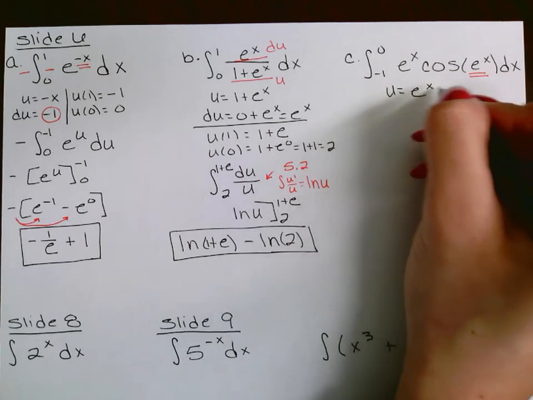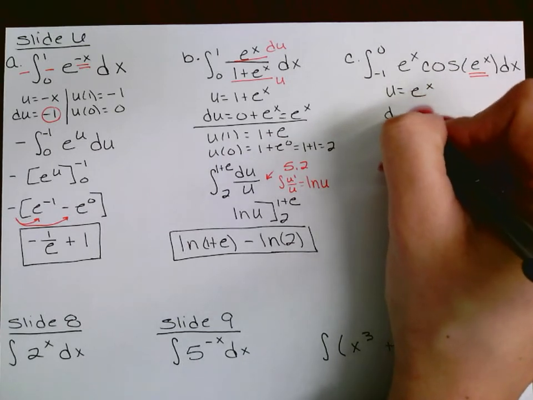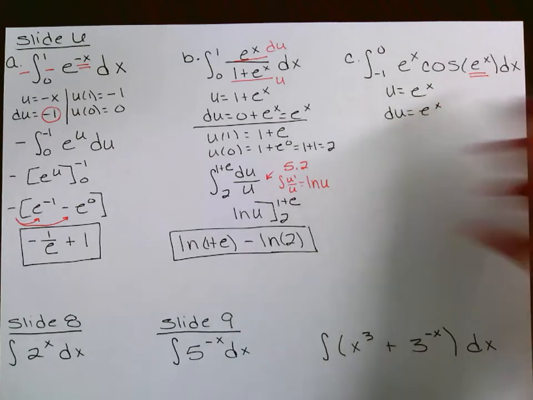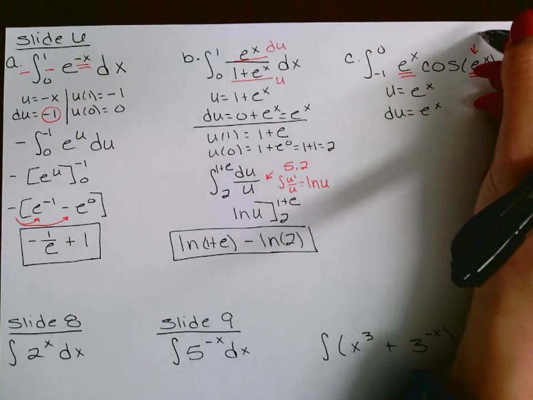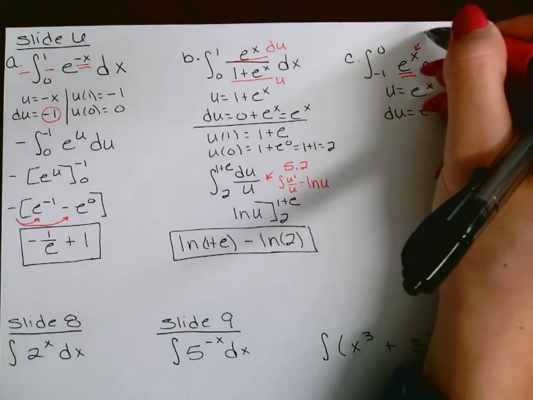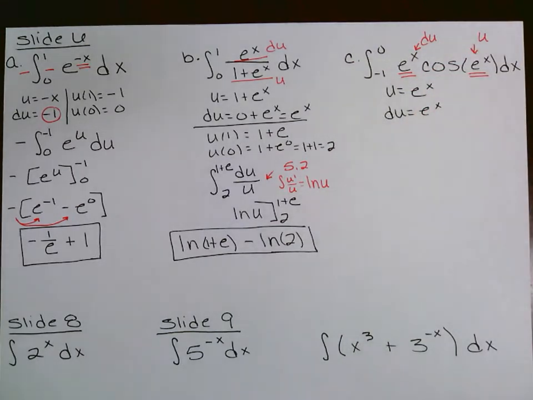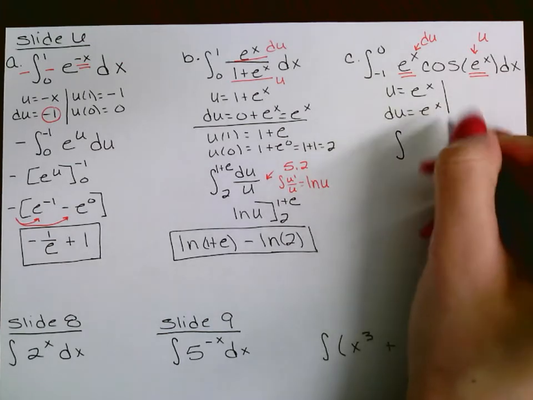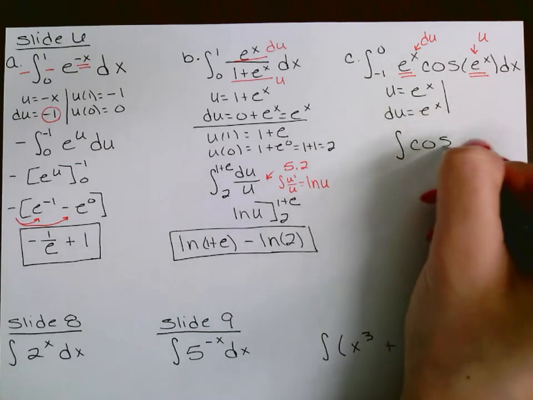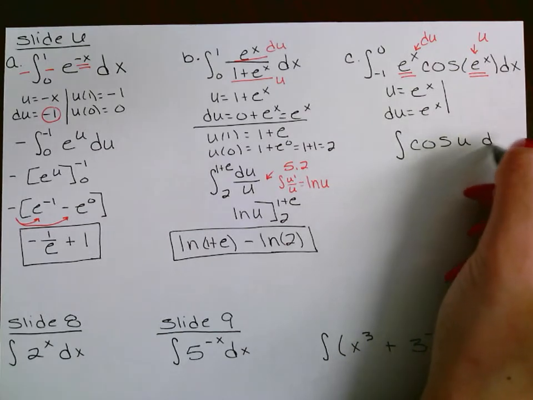So what is the derivative of e to the x? E to the x, which is nice. I have it right here. So this one is my u, and this one is my du. Okay? I'm going to be rewriting the integral of cosine of u du.